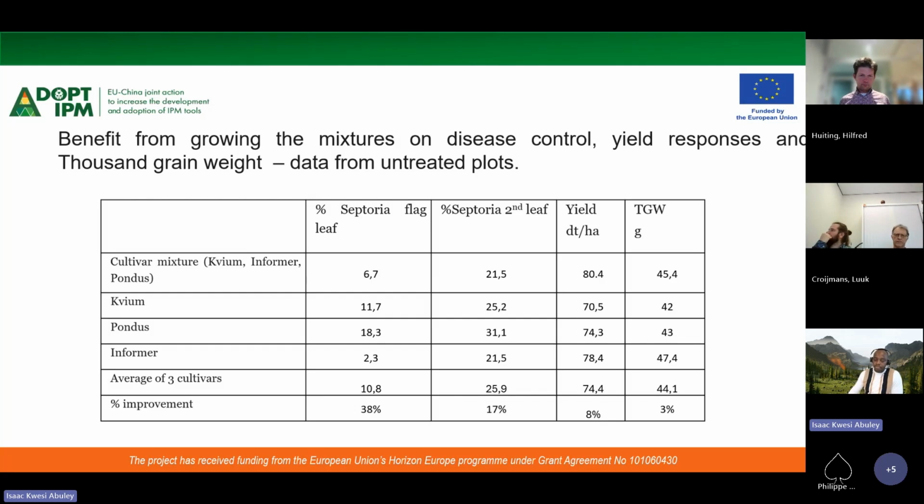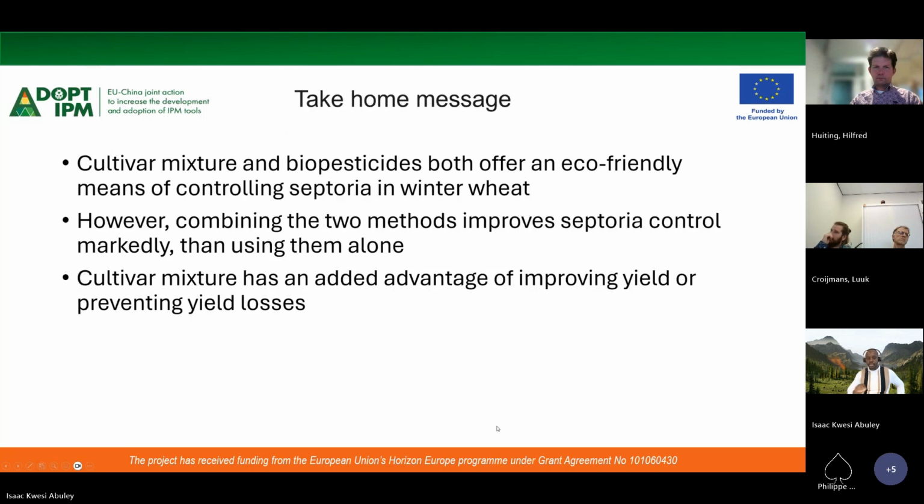And for disease severity, we can have about 10 to 38%, which you see over here. So in conclusion, what we can say is that if you have a cultivar mixture and a biopesticide, these are two very good eco-friendly solutions that we can use to control septoria in winter wheat.